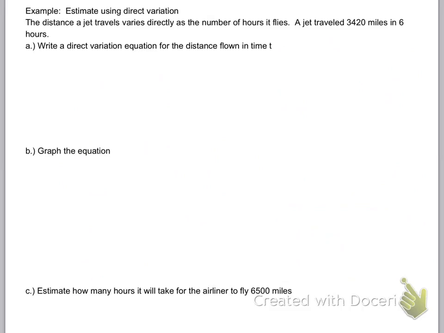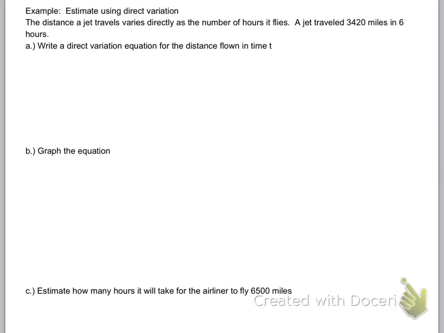We like that? Last problem wants us to estimate using direct variation. So you guys are going to have to do the exact same thing you just did on the last page. We're also going to graph it and then use it to predict the future or something that's going to happen later. Kind of rolls everything into one. Guys, it says the distance a jet travels varies directly as the number of hours it flies.